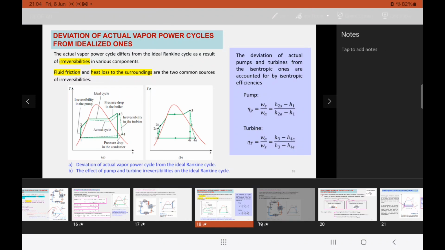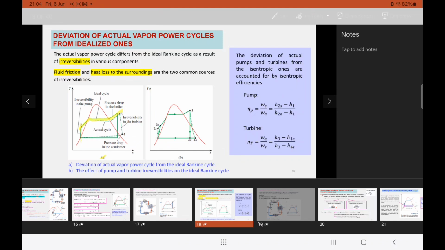As you can see in the diagram of temperature versus entropy here, going from state 1 to state 2, the deviation of the actual vapor power cycle from the idealized one is due to the irreversibility in the pump, and then going from state 2 to state 3, there's a pressure drop in the boiler that makes your actual vapor power cycle deviate from the ideal cycle.